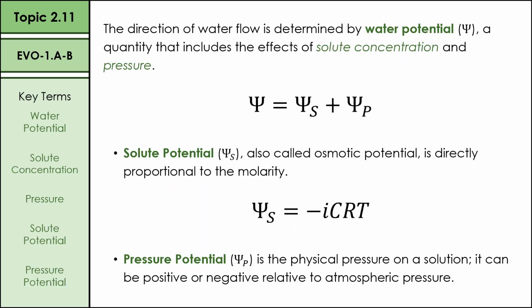So here's the math. How do we know which direction water is going to travel? Well, the direction is determined by our water potential. Water potential being here represented by the Greek character psi. So it is determined by the relationship of our solute concentration and our pressure potential.